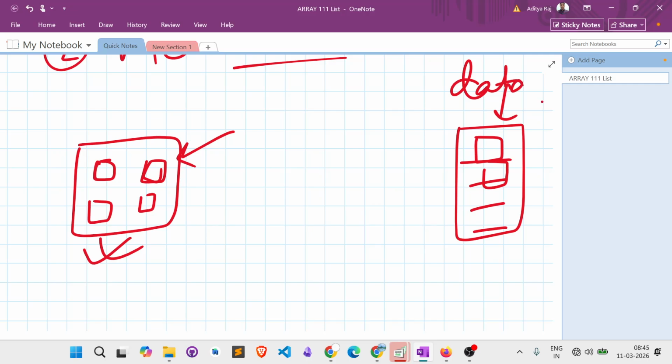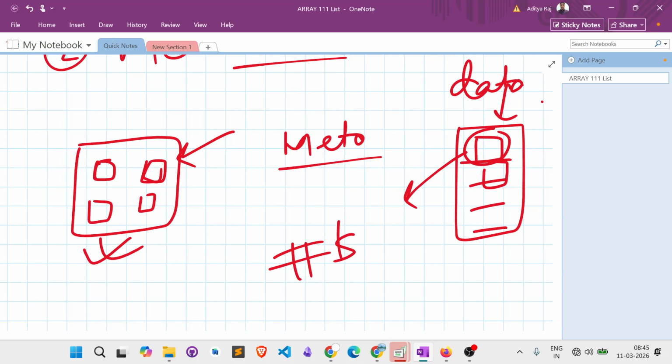But the second thing is metadata, information about that data, that where that image is stored. Maybe the image is stored at some kind of address, maybe the pointer address or whatever the storage will be. Like one is the data itself, and the second thing is the address where the data is stored, isn't it?